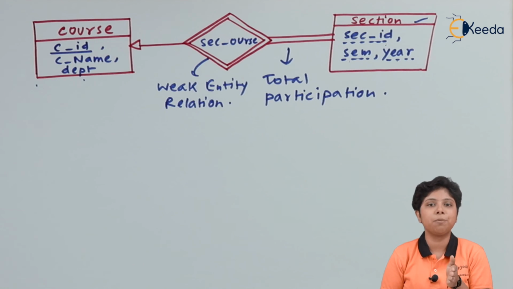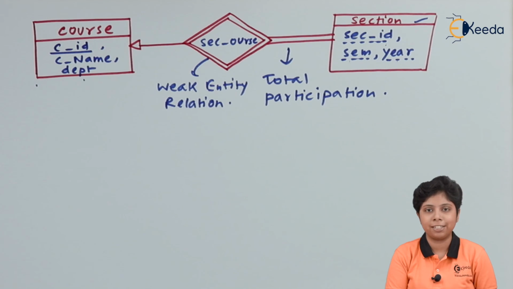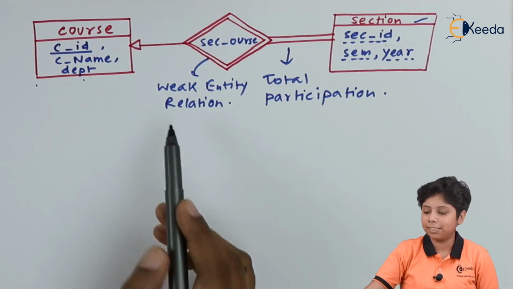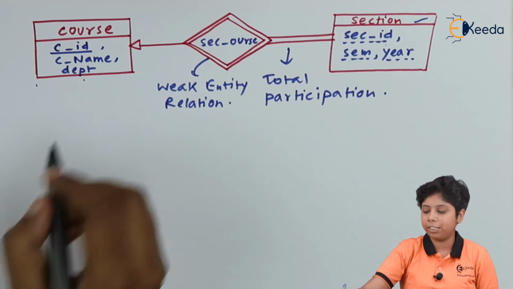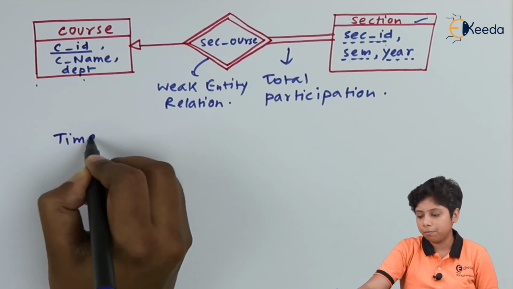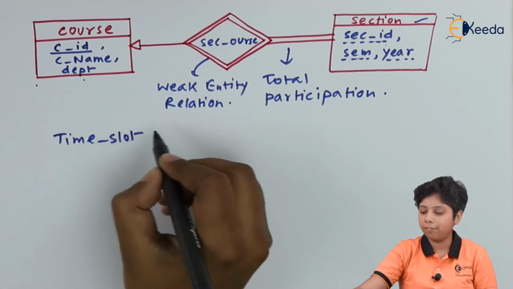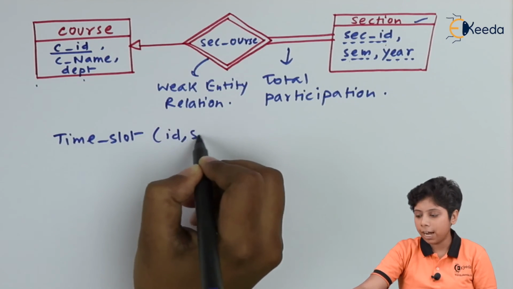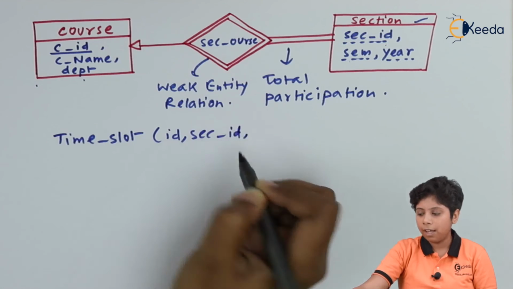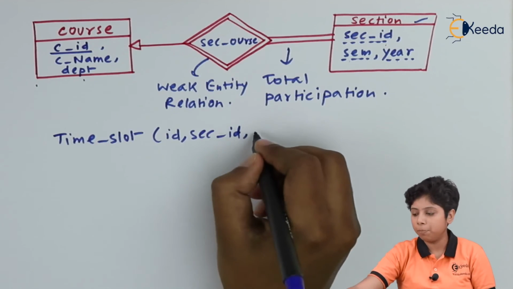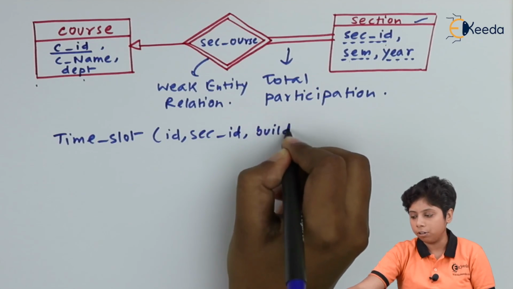Now the section can get related to other relations without being related to the strong entity set. Say for example that section can be related to the time slot, the section held in that particular time slot, so that we have the sec ID for reference, and then we can have the building, the room number and all.